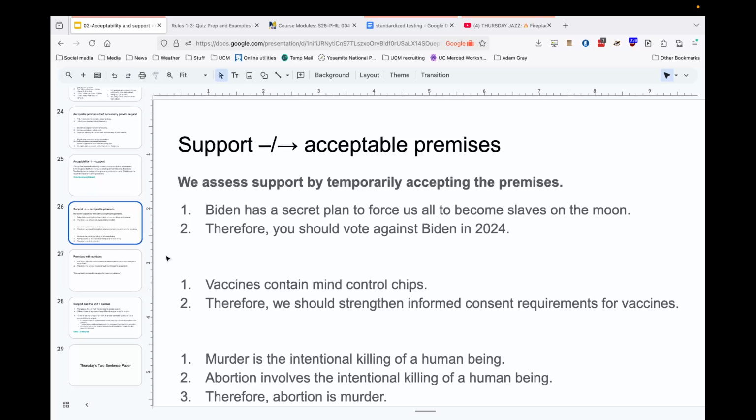The premises are not necessarily acceptable. This relates back to the example we had like four slides ago. Let's take a second to think about why. In your group, explain why these premises are not necessarily acceptable.